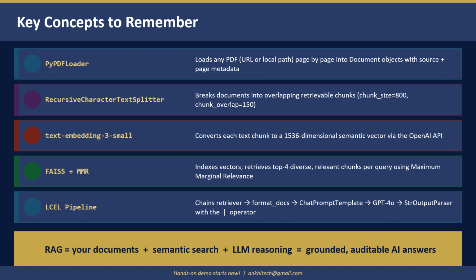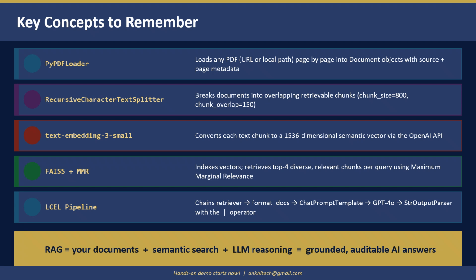It breaks those documents into overlapping retrievable chunks with a chunk size of 800 characters and an overlap of 150. Next, we have the text-embedding-3-small, which is the OpenAI model that converts each text chunk into a 1536-dimensional semantic vector.